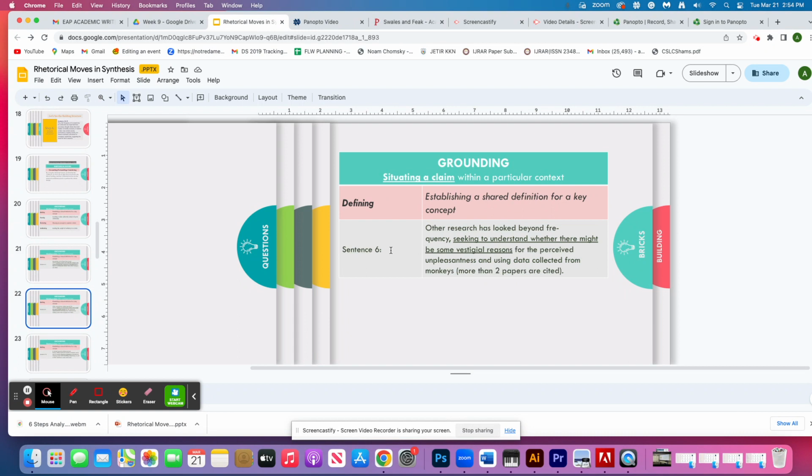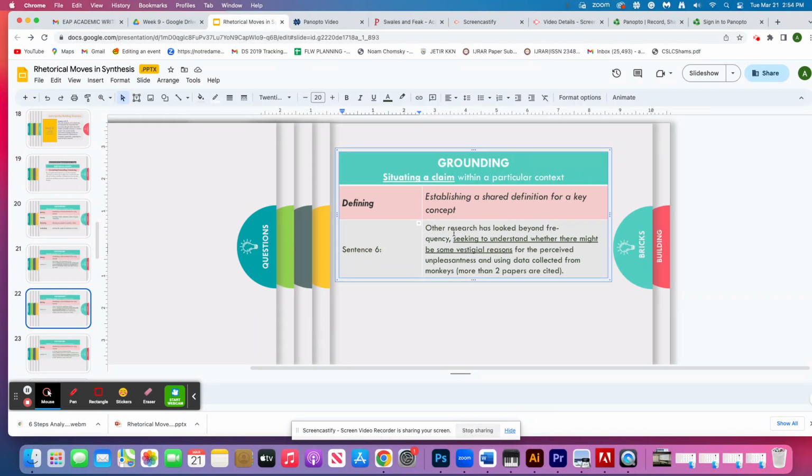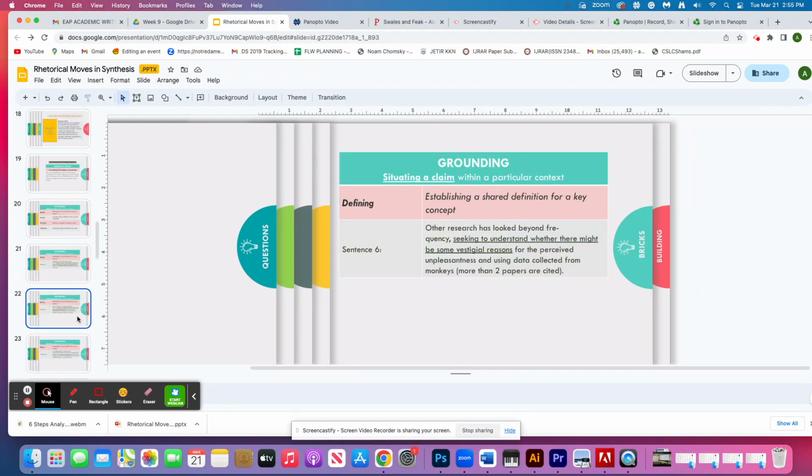The next grounding we find in sentence 6, where another definition has been shared, that is vestigial reasons. Not only the frequency, so it's leading to another definition now. The first was talking about frequency, now here it talks about other reasons, it's defining another thing.